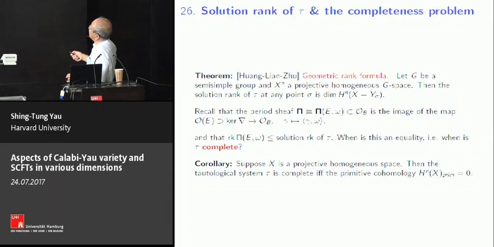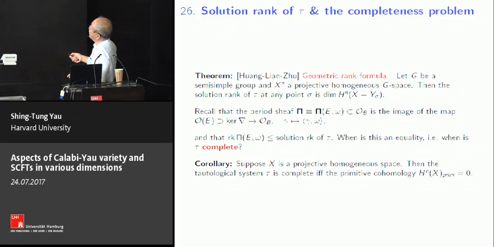And so this gives rise to an interesting thing. So the rank of the period integral that we are interested in calculating is less than or equal to the rank of tau. Tau is the tautological system that we know how to calculate, and this bounds the rank of the solution system. Now the question is equality.